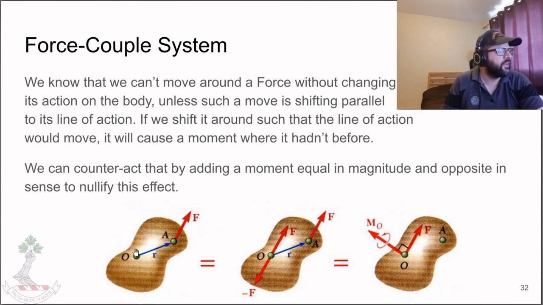That basically allows us to shift our forces perpendicular to their lines of action, keeping in mind that previously we already talked about the fact that we can shift our forces parallel to their line of action without changing the equilibrium condition. Now we can also change their line of action and figure out what sort of moment would be generated, and then just represent that on our free body diagram.